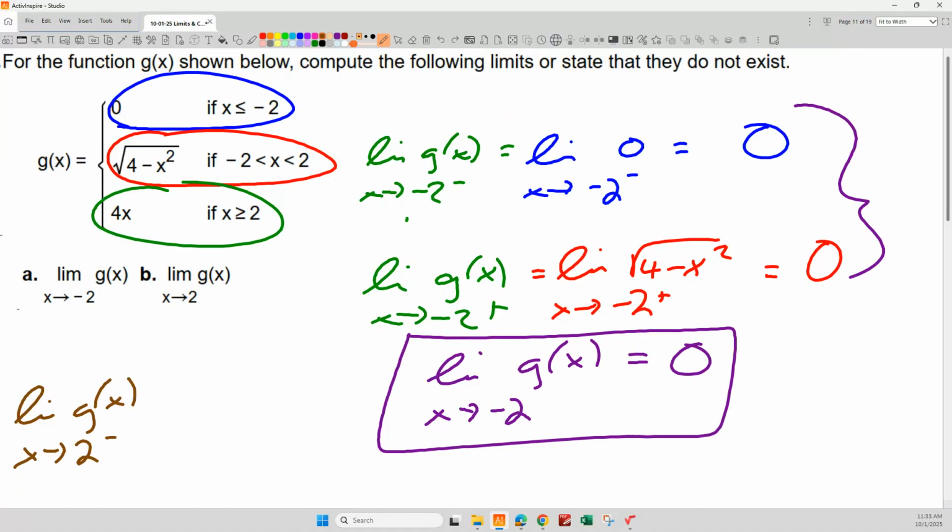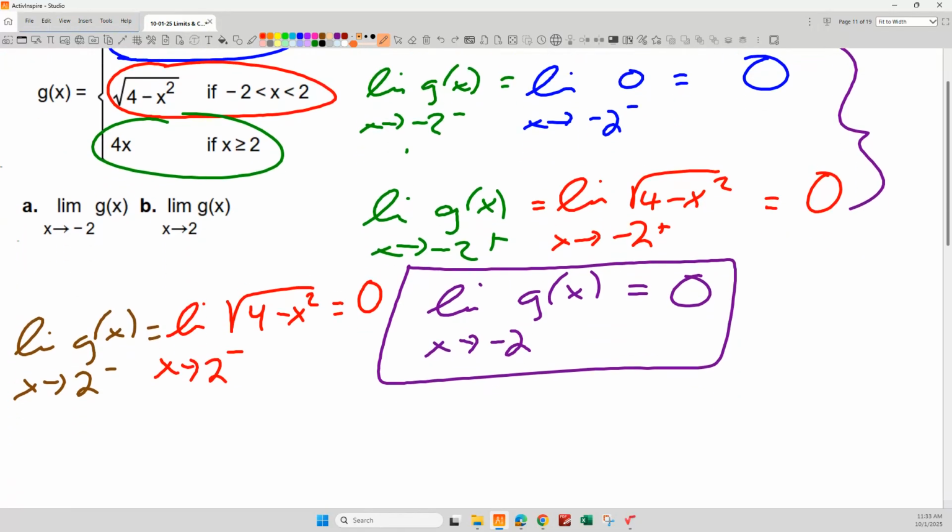Because that's the domain that includes values of x that are less than 2. We're approaching 2 from the left, from values that are less than 2. Okay, so then we would be taking the limit of square root of 4 minus x squared as x approaches 2, and that's just going to give me 0, right? Yep.